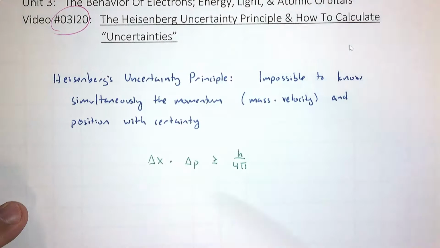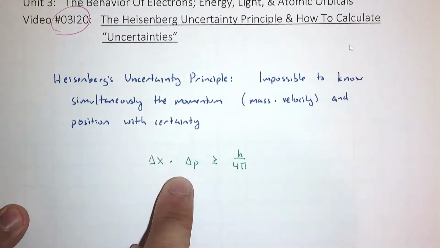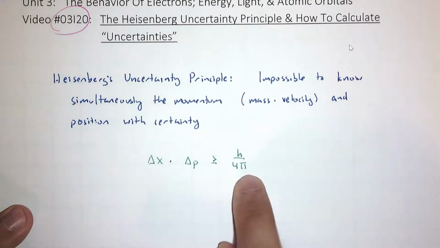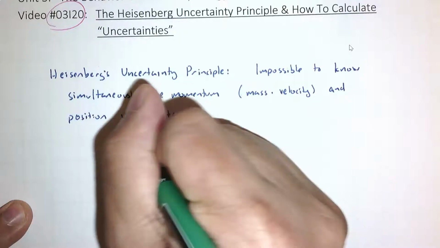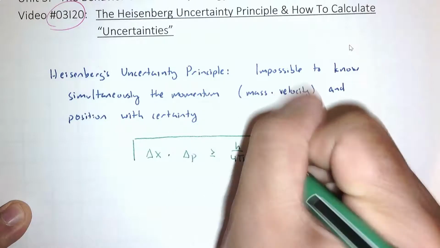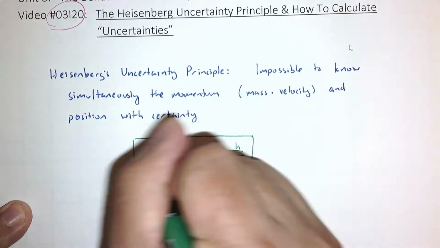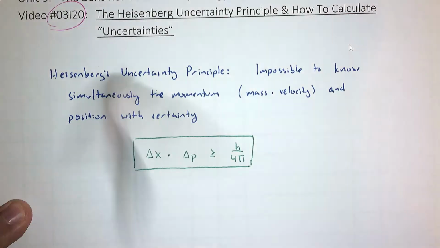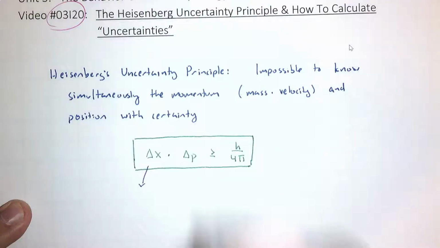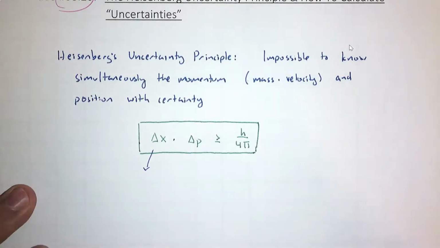The product of the uncertainties is actually greater than this number right here. I know that sounds a little bit odd. We are going to do some calculations and apply some numbers to these kind of abstract concepts. But let me give you at least some introduction to what these terms are.